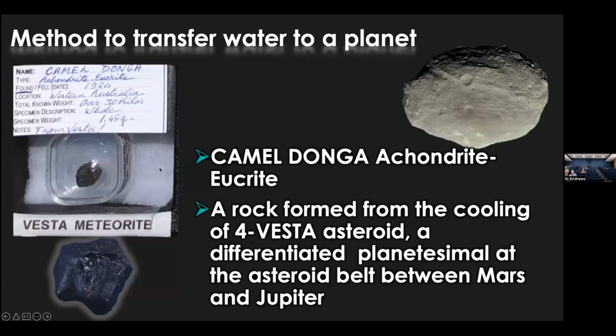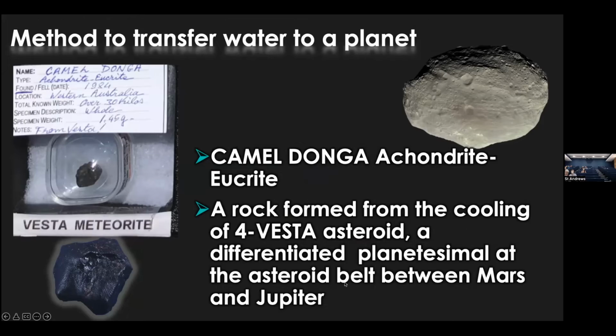And now here you have methods to transfer water to a planet. You have two examples here. One is a meteorite from Vesta. The Vesta piece is this one down here. This is a small part of a larger piece, about 7 kilos, I think. It's the Camel Donga achondrite eucrite, and it's a rock formed from the cooling of the 4 Vesta asteroid, which is a differentiated planetesimal in the asteroid belt between Mars and Jupiter.